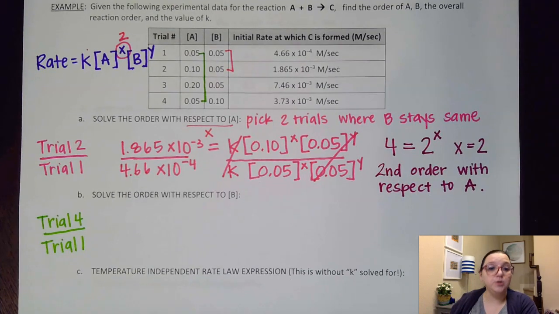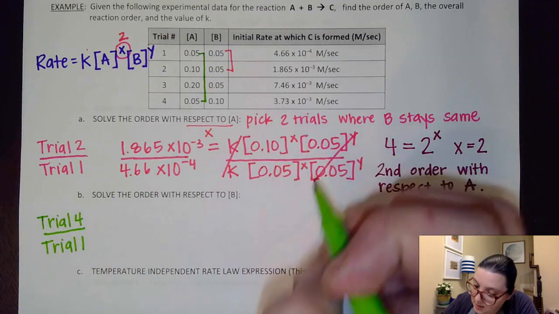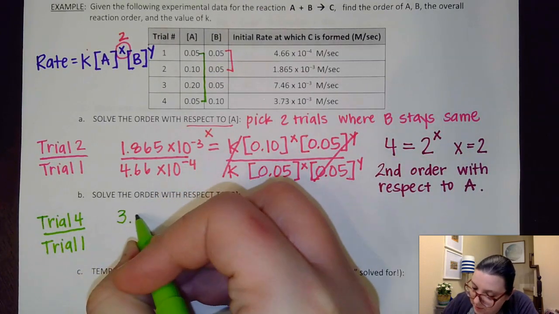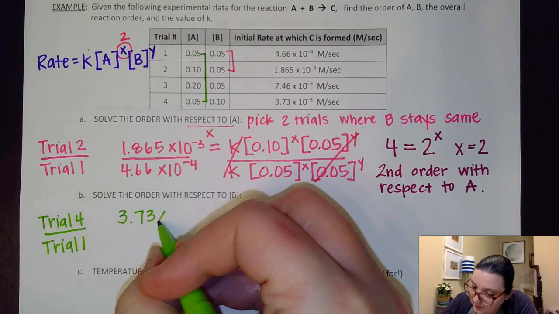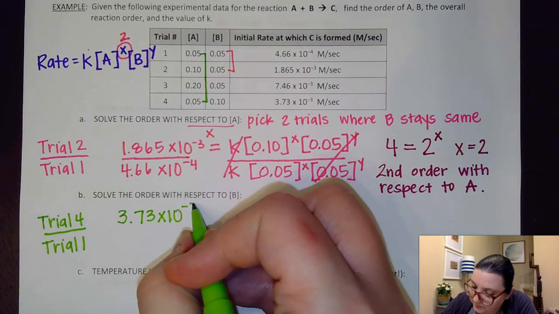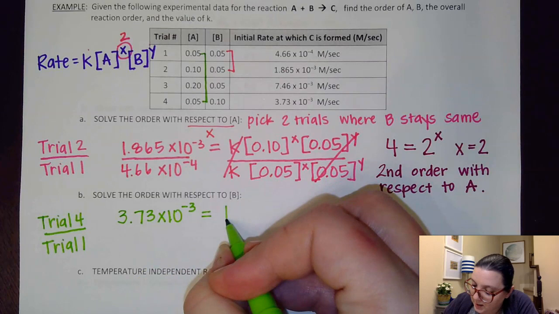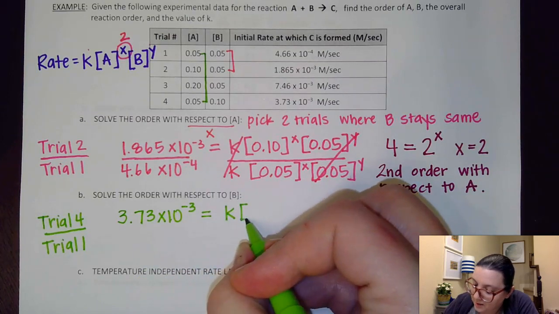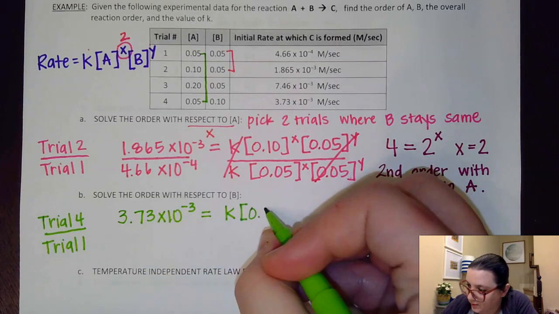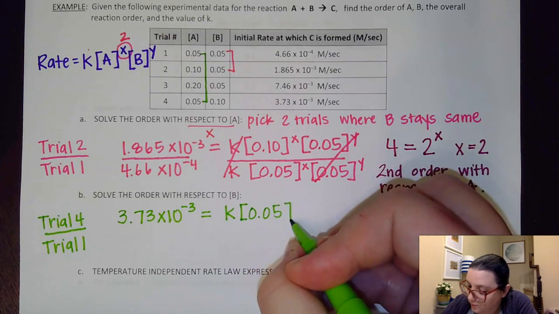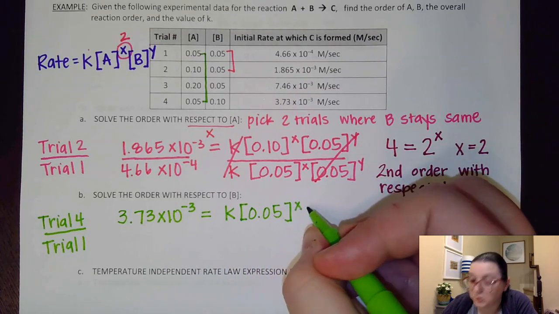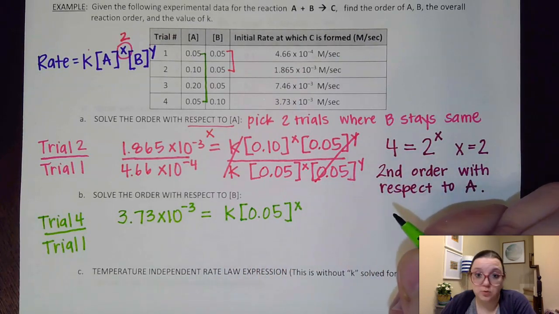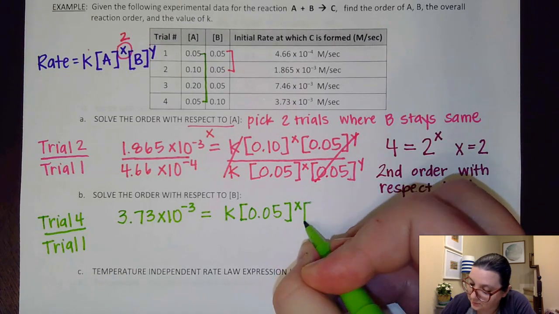All right, so now I'm going to do the same thing I did before. Trial 4 had a rate of 3.73 times 10 to the negative third. I'm going to have my K. My A for that was 0.05 raised to some X, which we know now is 2, so you could go ahead and plug that in.